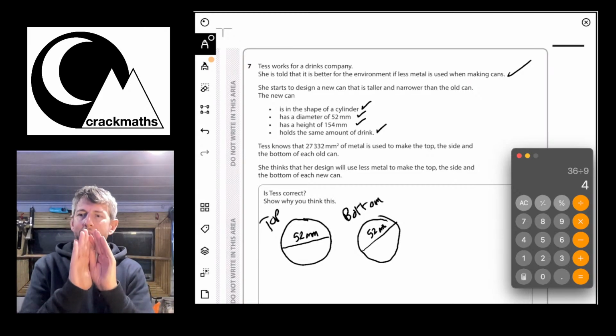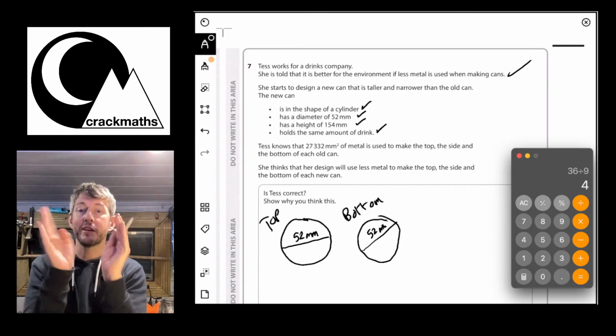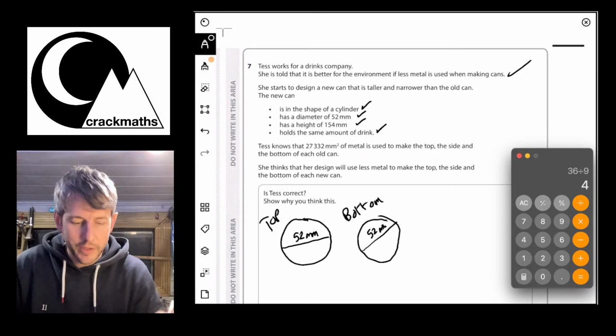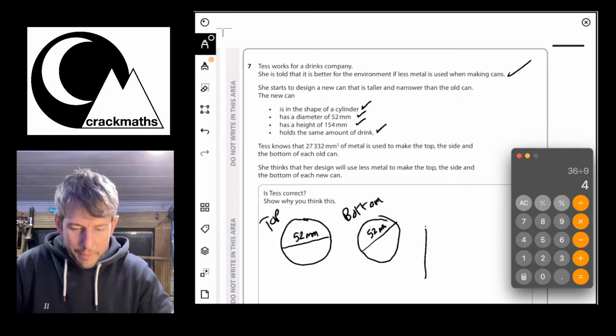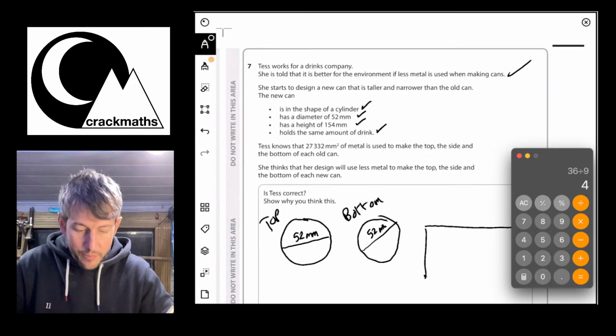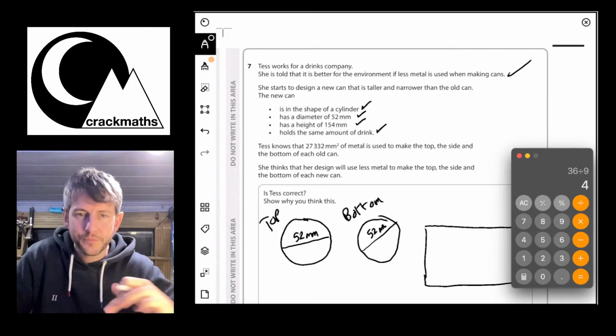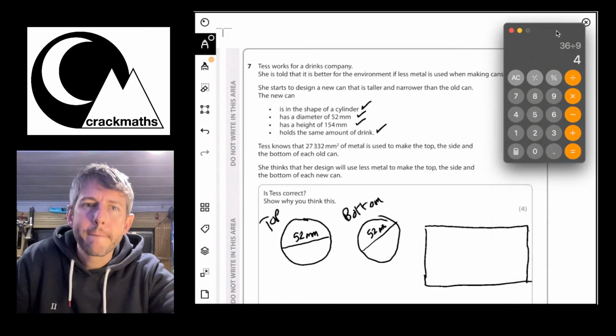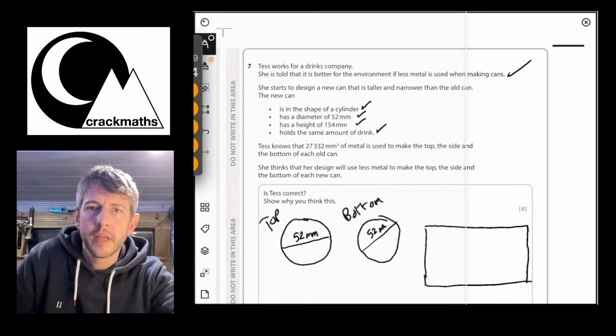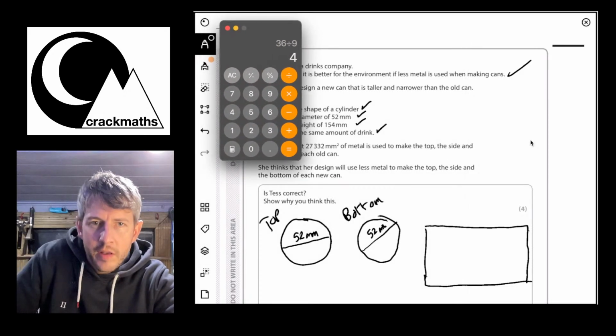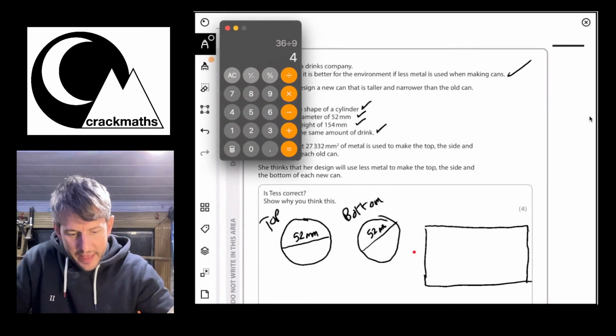Now, if we think about a can, it has this circular curved edge that wraps around it, okay? So if we unwrap that can, it is just a flat sheet of metal, which looks like this, okay? So let me just move this over here. Now this bit here has the height.